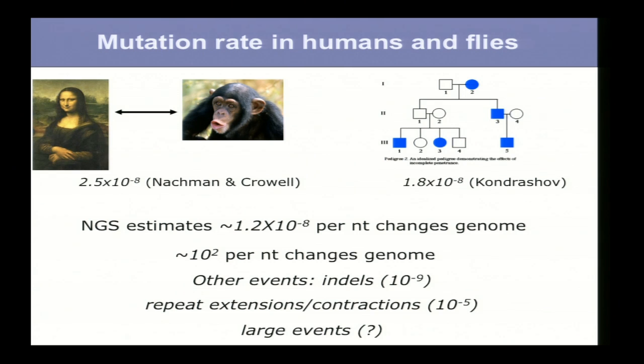So how do we know how many mutations happen? First estimate came from Nachman and Crowell paper from comparison of pseudogenes between humans and chimps. The second estimate was published by Alex Kondrashov, not even by following pedigrees, but mostly looking at de novo mutations with dominant autosomal diseases.